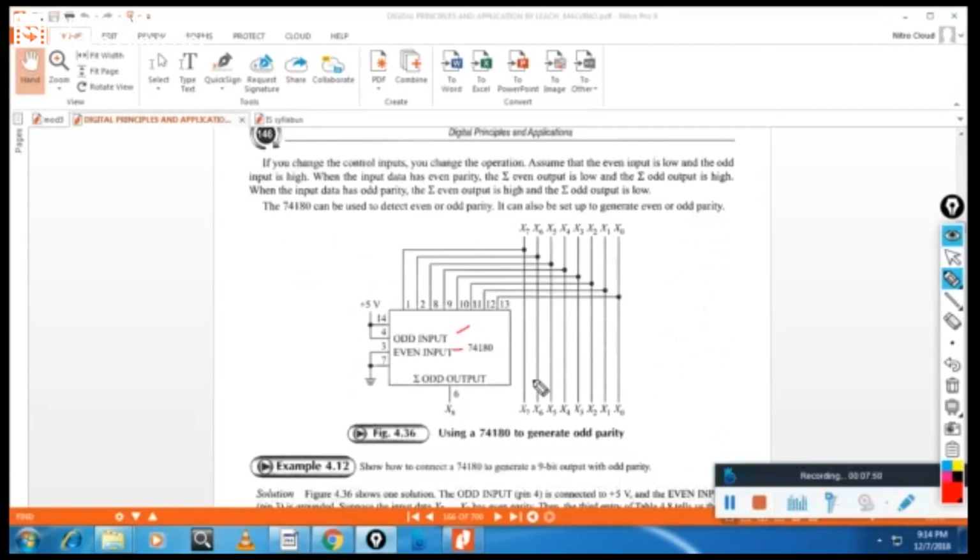In the diagram, the odd input is connected to VCC. That means it works like an odd parity generator. When your input is even, it will generate an odd number of ones at the output. When your input is odd, it will also generate an odd number of ones at the output. That's why it is called an odd parity generator.